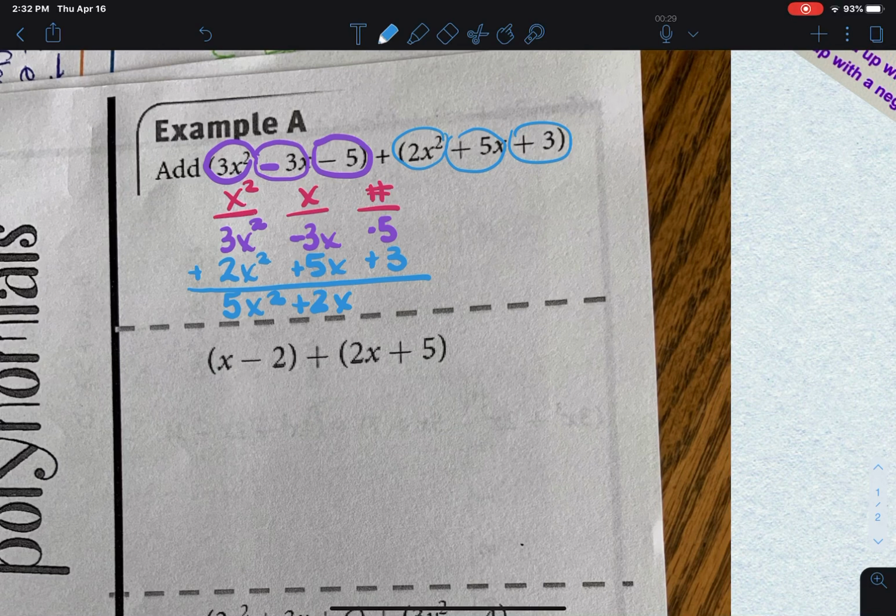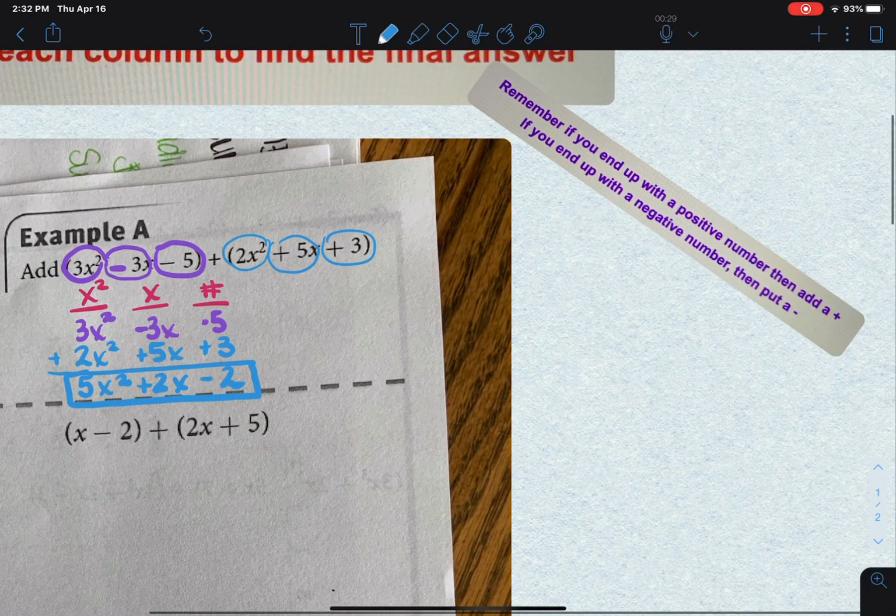And then in the next column I have negative 5 and positive 3, which is going to be negative 2. And that's going to be my answer. But notice it's in standard form: highest exponent of the variable first, and then it works down to having the number on the end.